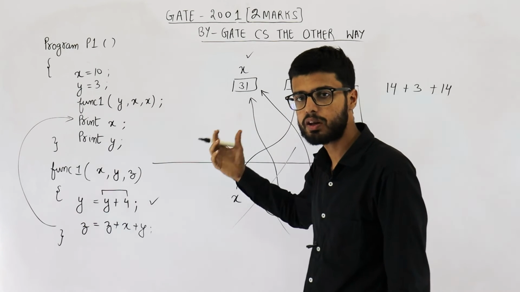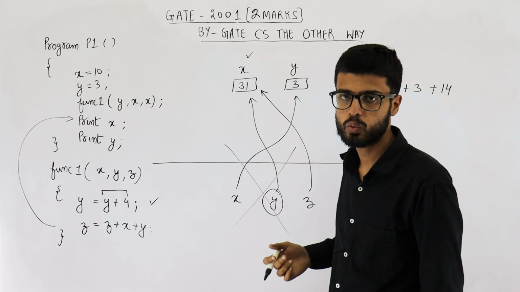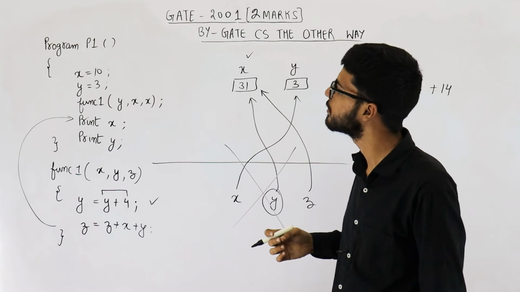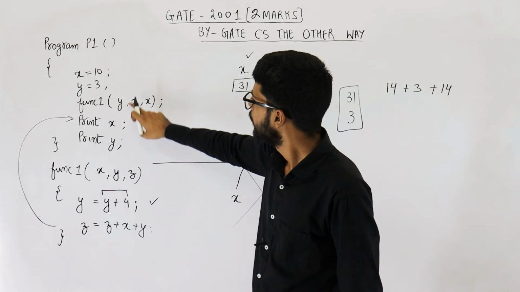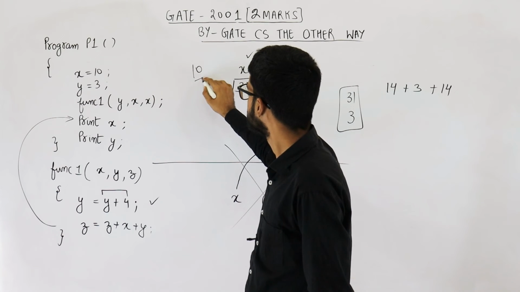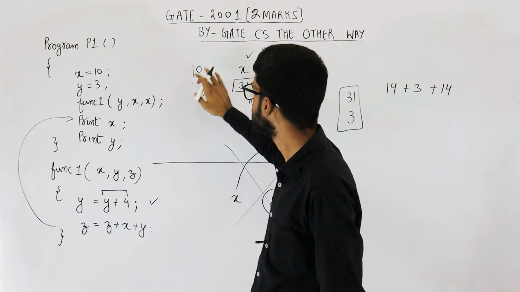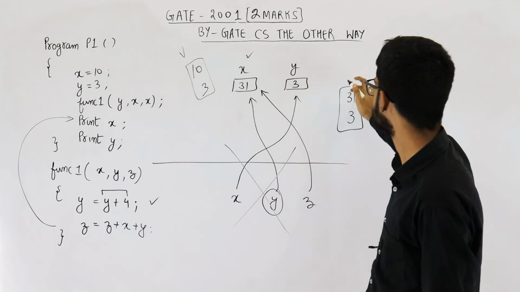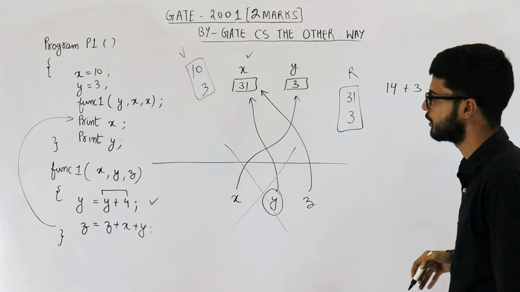If call by value is used, then what will be the answer? Let us see. If call by value is used, the answer will be 10, 3. This is the answer if call by reference is not used.